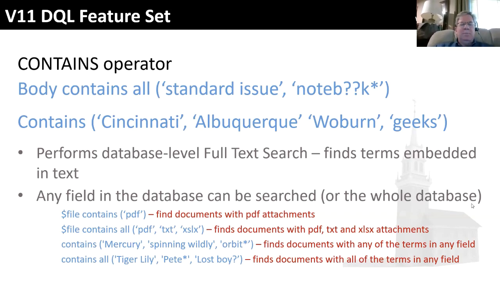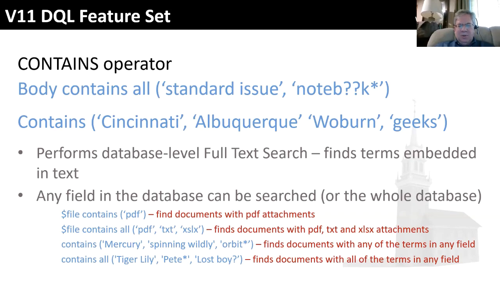The contains operator below that is a document-level contains. So that says any field in the document contains any of these. It's a hit, basically. So this operator goes along with any of the different operators in the DQL language. You can and, or, and put things around it, that sort of thing. And it does, as I said, perform a full text level search.